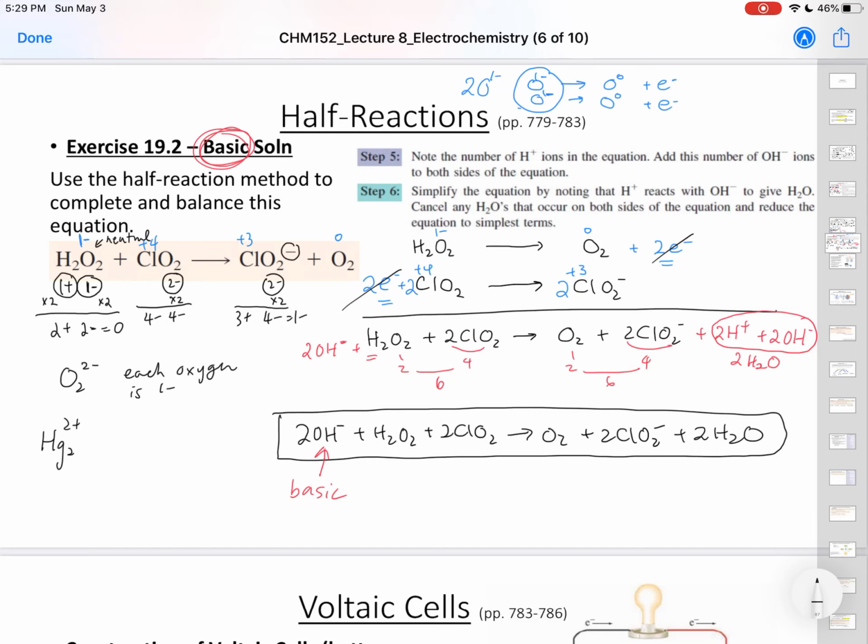In case you see this on the homework, that means that each Hg, or each mercury, is 1+. Just keep that in mind when you're doing your homework. All right. I'm going to stop this video here, and I would go and do the next set of problems in your homework.